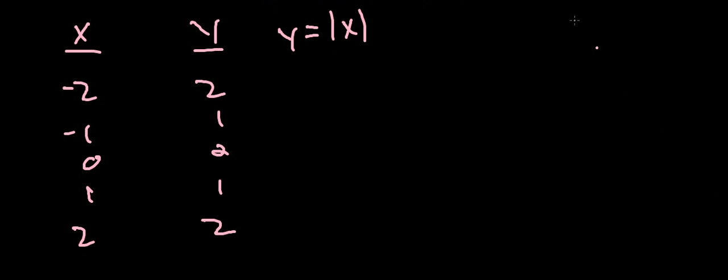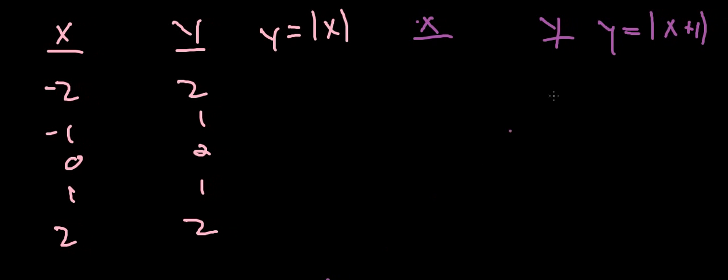And this time we're going to do y is equal to the absolute value of x plus 1. That's a little bit hard to see. Absolute value of x plus 1.